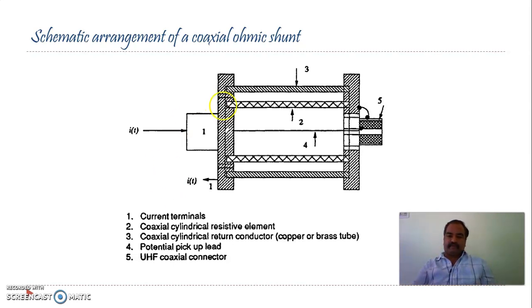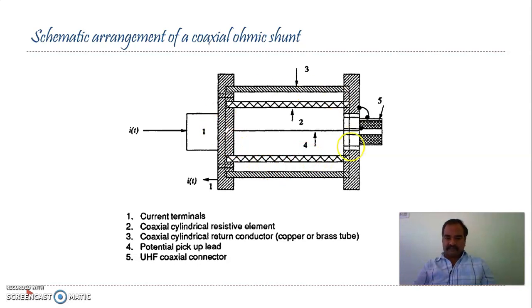Now, see, 1 is the resistor element. See here, this is a cross sectional view. 2 is the resistive element, whereas 3 is the return conductor. So this is one tube. 2 makes one tube, the internal tube. 3 makes an outer tube basically.